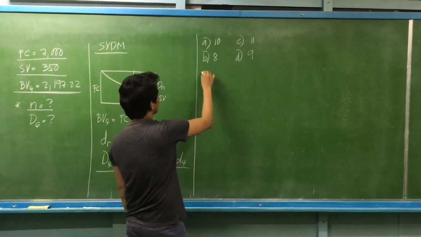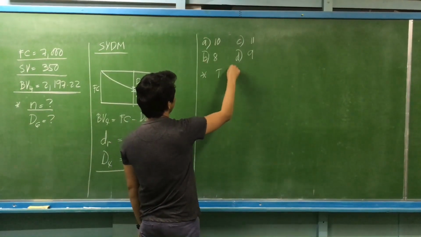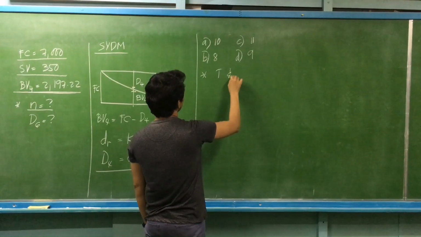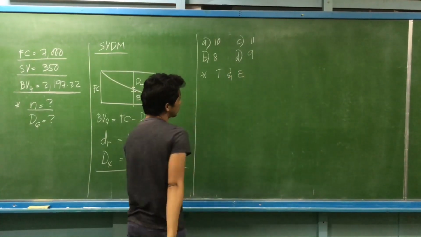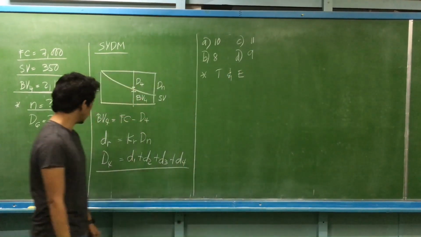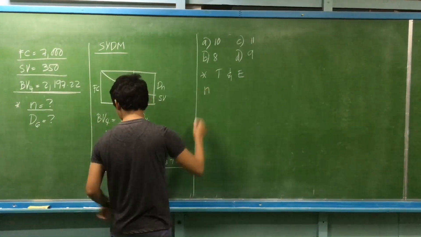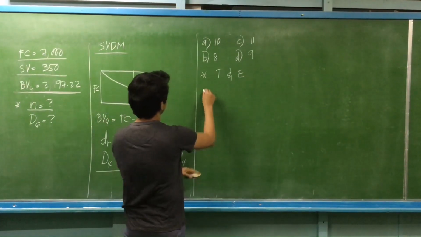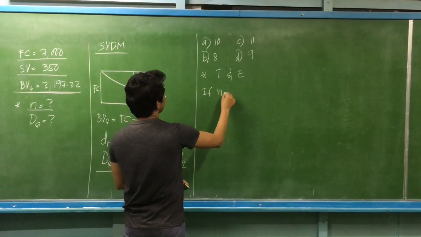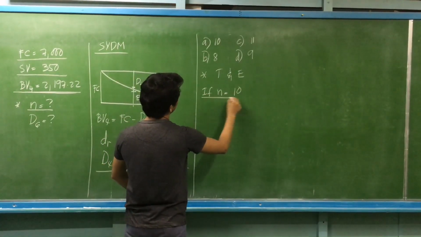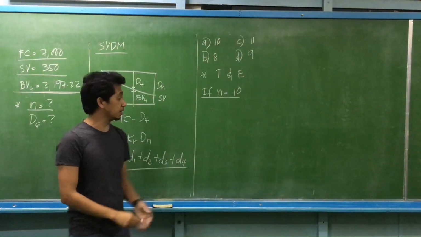So by trial and error tayo using yung Caltech para mas mapabilis. So by trial and error, okay, let's try. Let's say if n is equal to 10. Subukan ko muna si letter A.